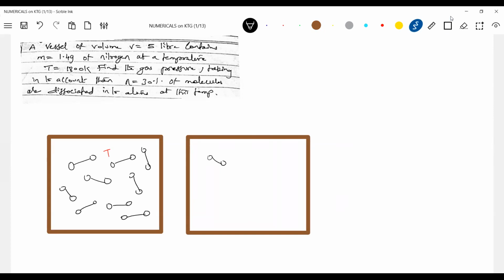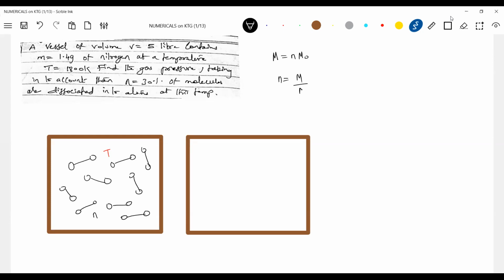Can anybody tell how many number of moles? Initially, in total, it's 0.1 mole? Okay, this will be the number of moles equals mass of gas by molecular mass.